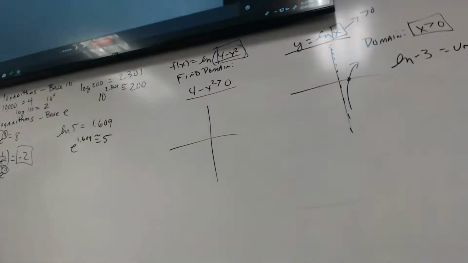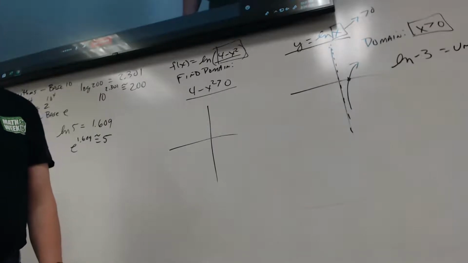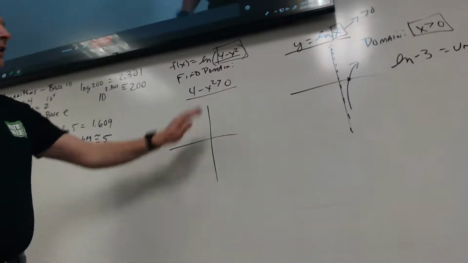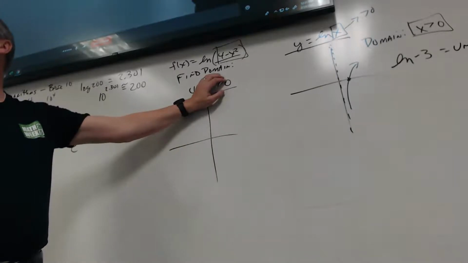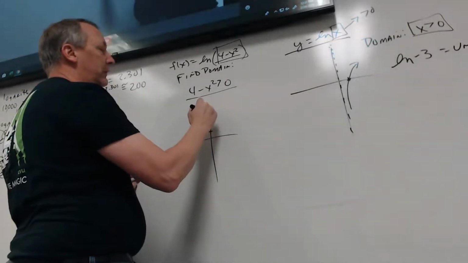It would be a parabola facing down, and where's the vertex? If x is 0, where's the vertex? 4. Okay? 1, 2, 3, 4.